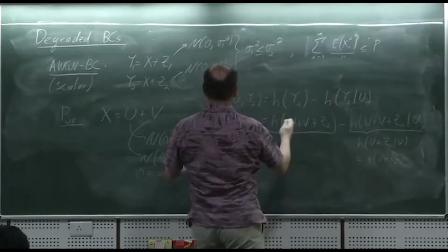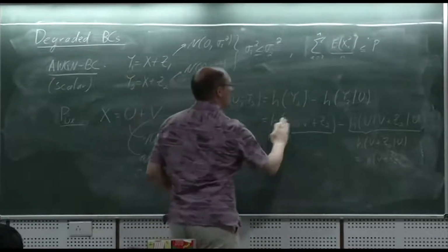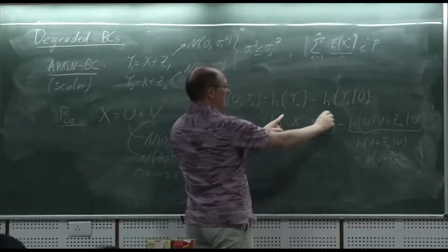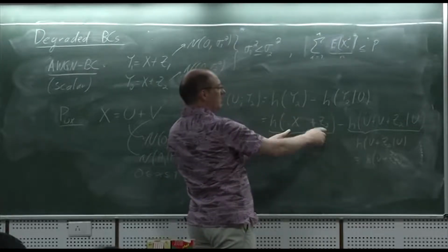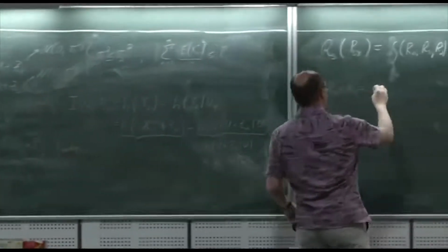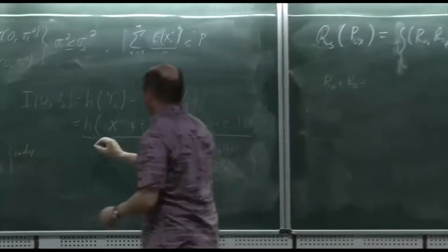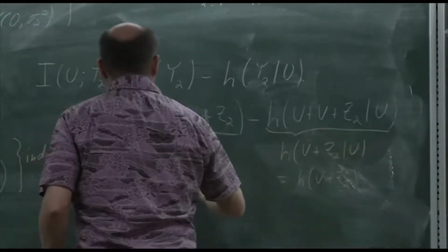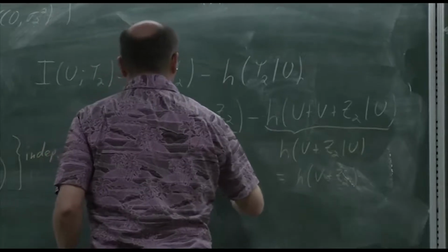Well, I guess I could have just kept this as X plus Z2. And then what's the entropy of this? It's a Gaussian random variable with the variance of P plus sigma 2 squared, right? So what we'll get is 1/2 log 2 pi e (P plus sigma 2 squared).